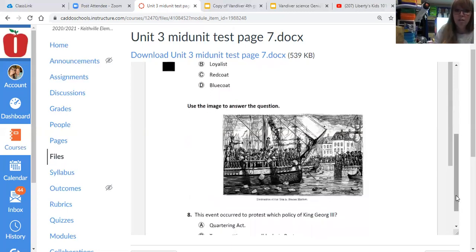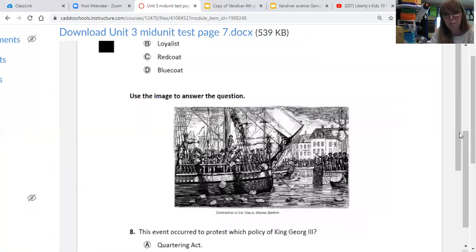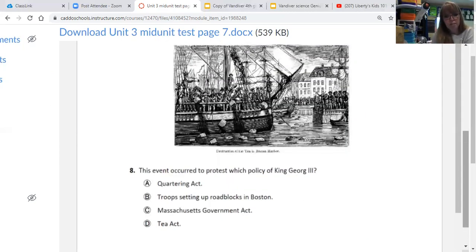Okay, so here's this image that we've seen before. I'm going to zoom in on it. See these people dressed up as Native Americans, and there's some things getting thrown in the harbor, Boston Harbor. This event occurred to protest which policy of King George III? A, Quartering Act.